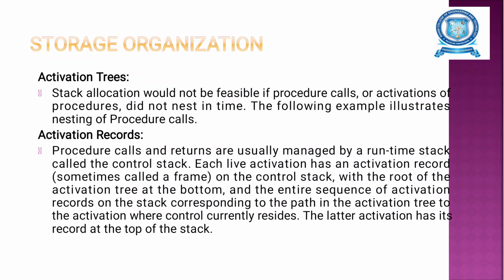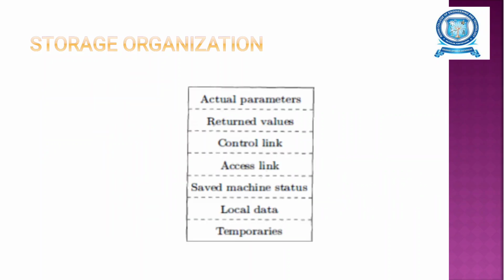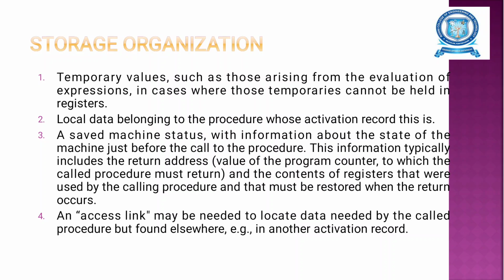Procedure calls and returns are usually managed by the runtime stack called the control stack. Here the activation record maintains the following information: actual parameters in the function call, return values, control link, access link, saved machine status, local data and temporaries. Each function has an activation record.